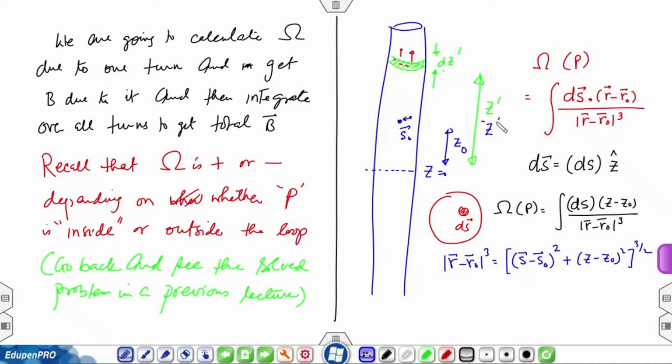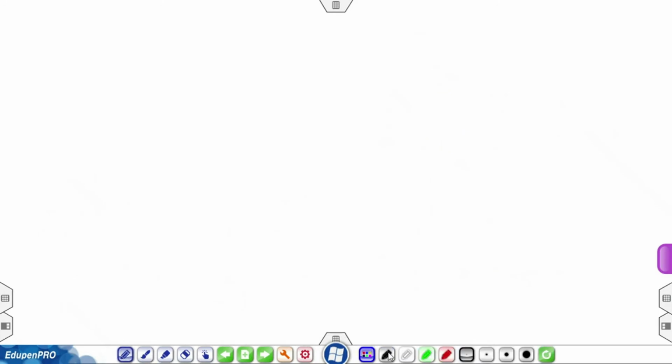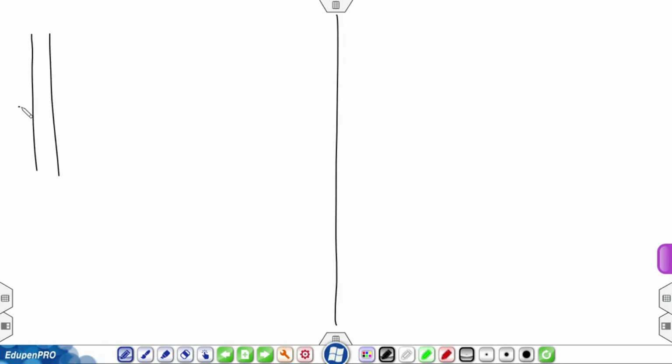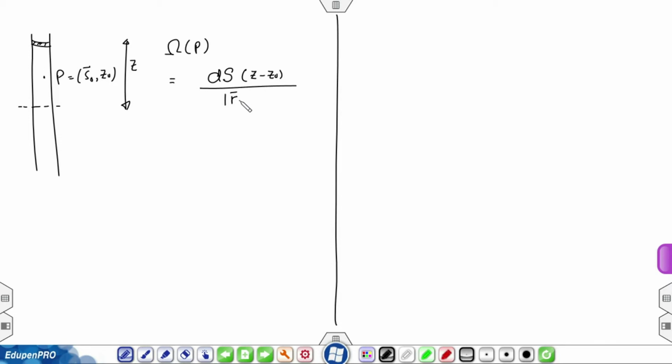And therefore, in the solenoid, where I have taken this point P at S 0 vector and Z 0, and I have taken a current loop at height Z, omega at P, the solid angle that this loop is making at the point P, is nothing but the integral of the area ds, Z minus Z 0 over mod R minus R 0 cubed.